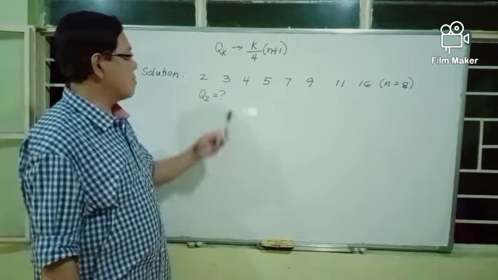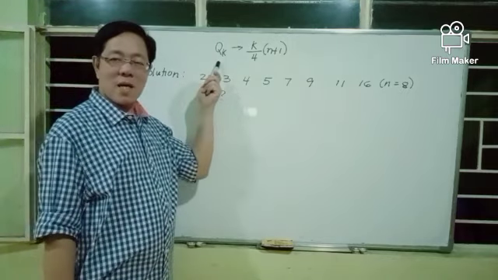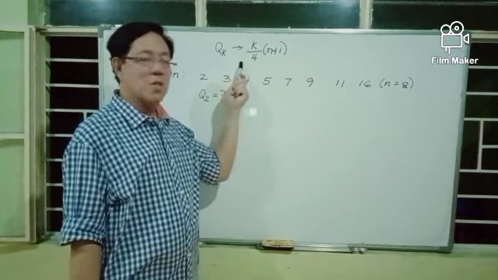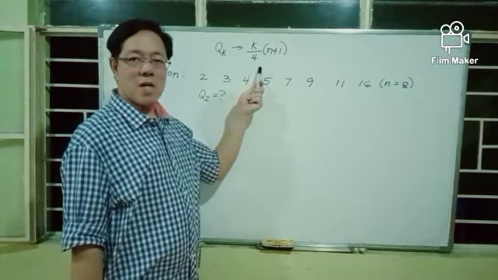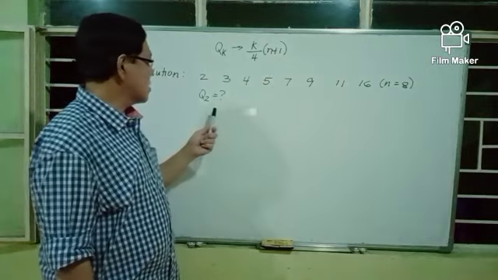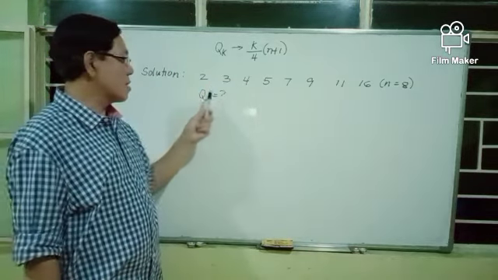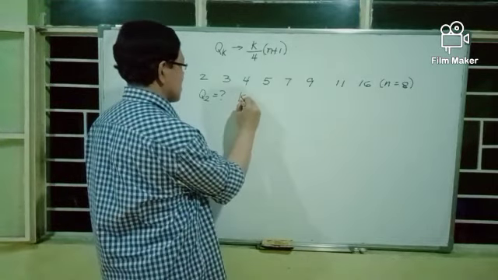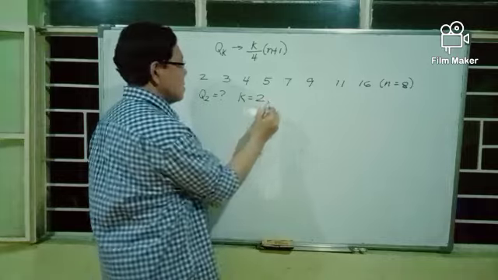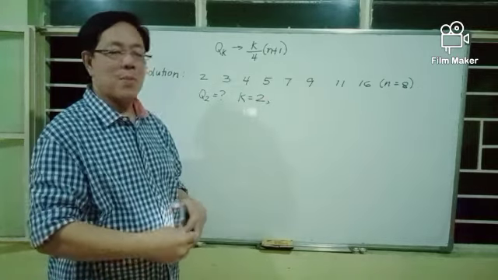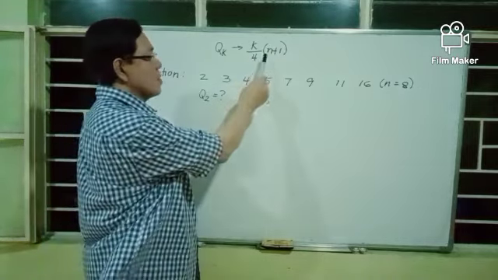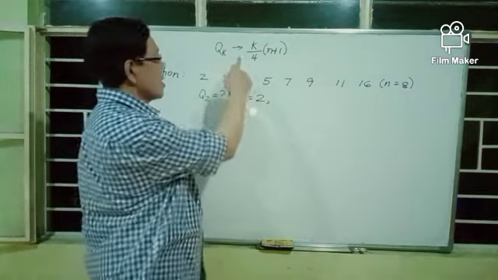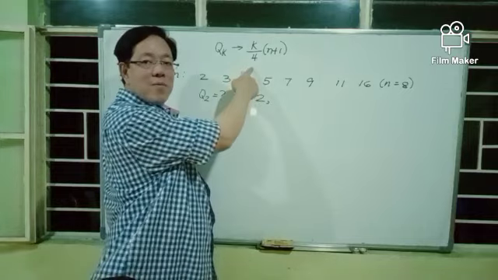And you should remember that the k-th quartile is the numerical value in the position k over 4 times n plus 1. For the second quartile, your k is 2. For k is 2, you compute k over 4 multiplied by quantity n plus 1. We write k is 2 divided by 4.